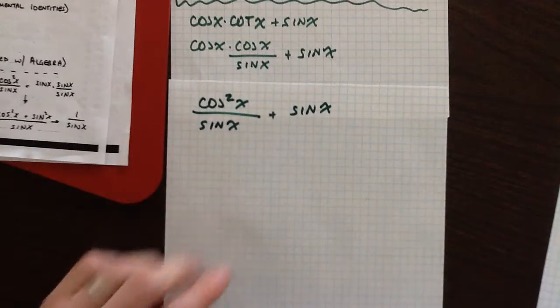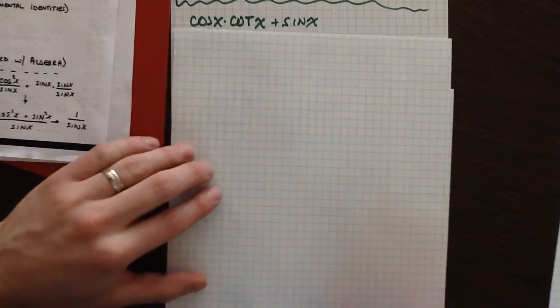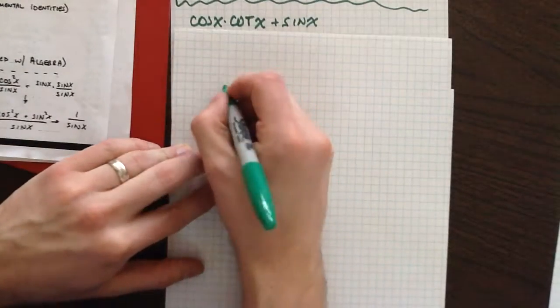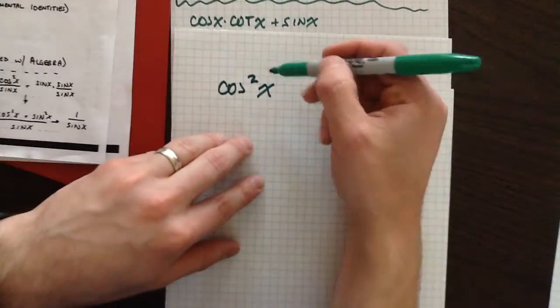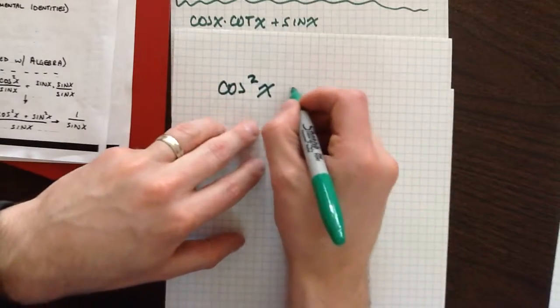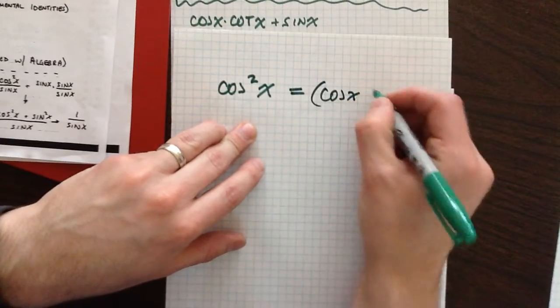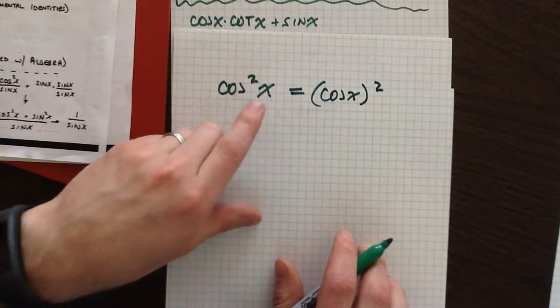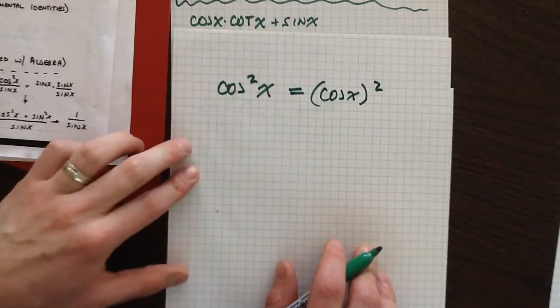I've written the exponent right above the cosine. Cosine squared, I've written the exponent right above the trig function. This means the whole thing is squared. We write it like this to avoid any ambiguity of putting the exponent at the end.